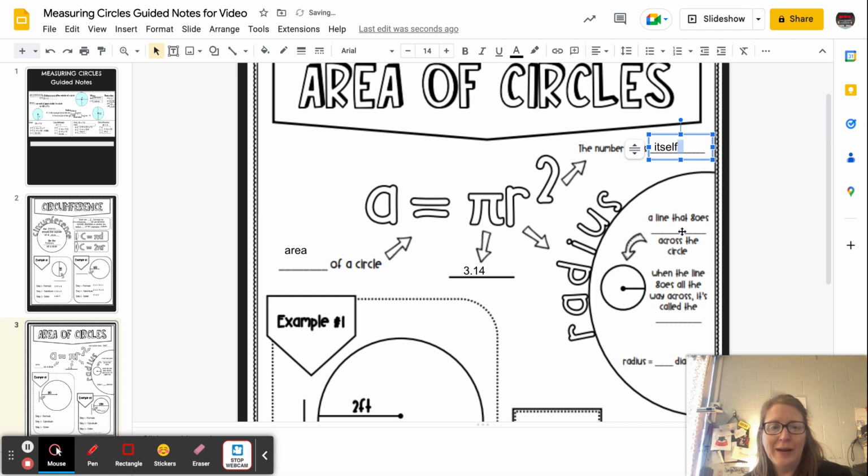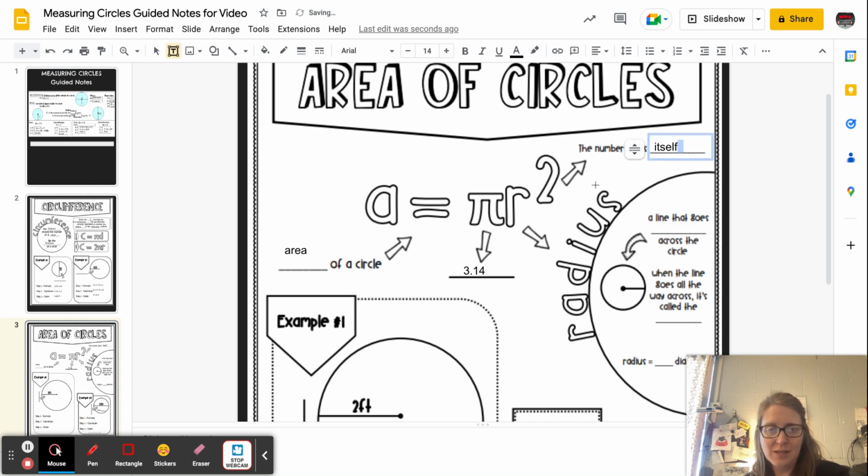All right. So the radius is a line that goes across the circle, but it actually goes halfway across the circle, and it goes to the center. So make sure, if it goes all the way across, it's the diameter, but it's going halfway across the circle through the center or to the center.